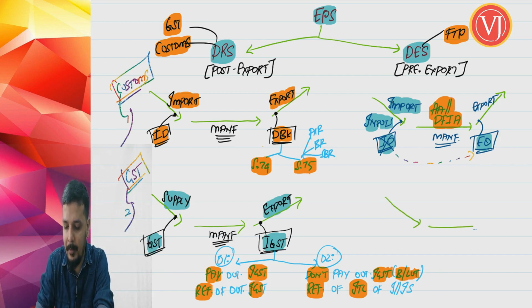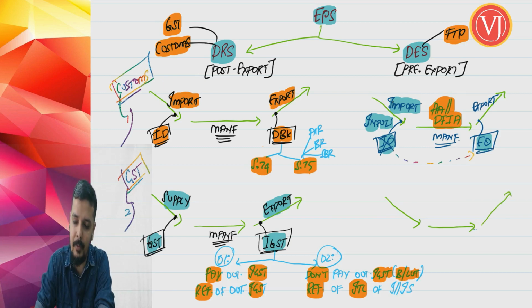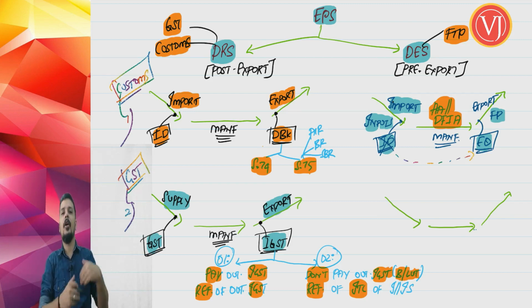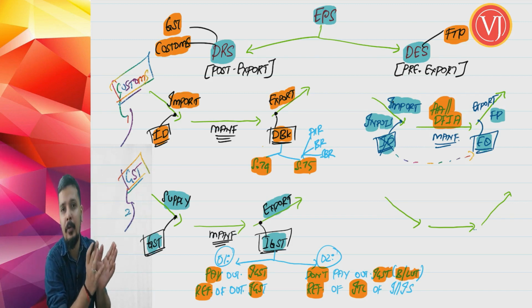So you are importing capital goods, manufacturing in India and exporting the final product. In both the cases, export is only of final product. So we are not changing that. But even for manufacturing final product, you require both inputs as well as capital goods. So your advance authorization or duty free import authorization is for your inputs, raw materials.